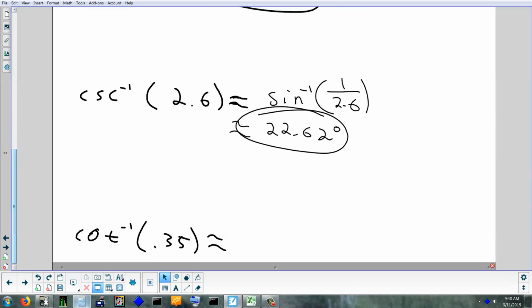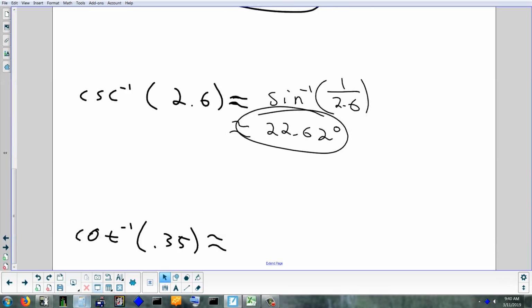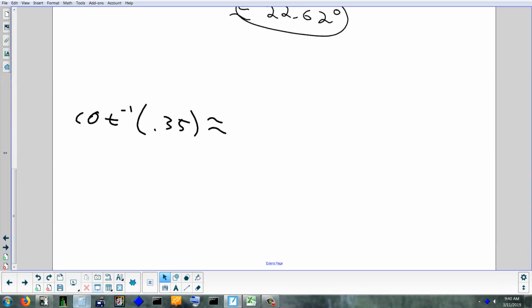Okay, and the last one, inverse cotangent of 0.35. Okay, Kyle, what do I have to do first there? Not sure? So two things. Can somebody tell me the first word I said? Yep. You gotta flip it to inverse tangent.